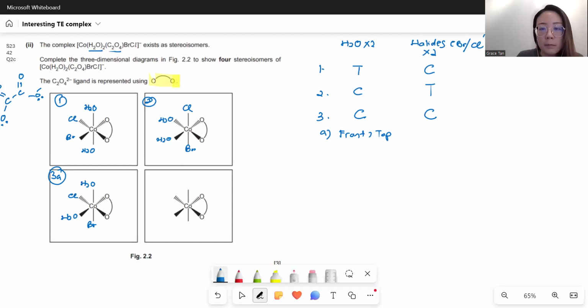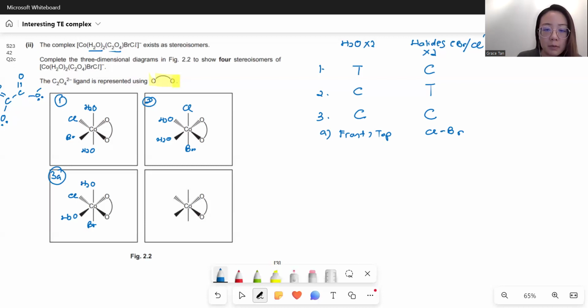Here I will just put Cl and Br. Maybe I'll just put Cl, Br, and it doesn't have to have the position of back and bottom, because if the aqua is front and top, that means the Cl and Br should be back and bottom.